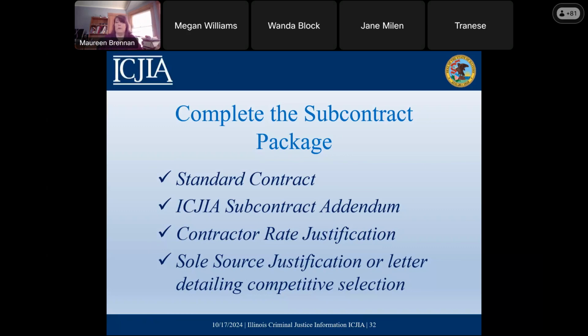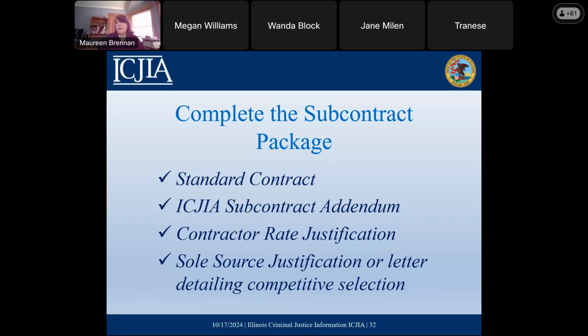For federal, we have a separate addendum, because there are state requirements, and if it's federal money, it has all those state requirements plus federal requirements as well. So our legal team has done the work of putting all of these requirements in one package, either for state or federal grants. And that addendum becomes part of the subcontract. It's appended to it and made part of that contract. So your grant specialist can provide you that addendum.